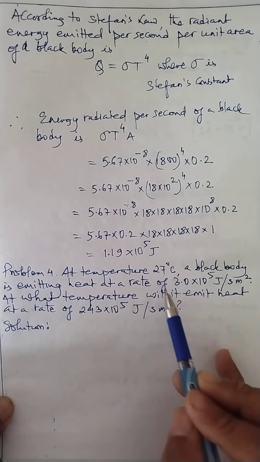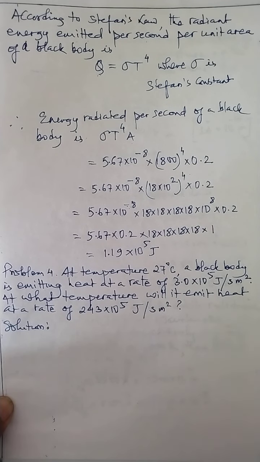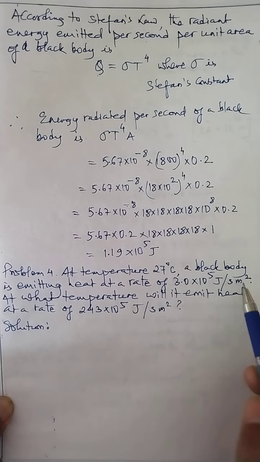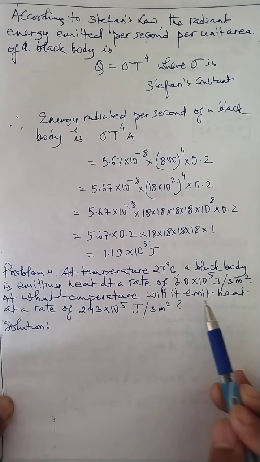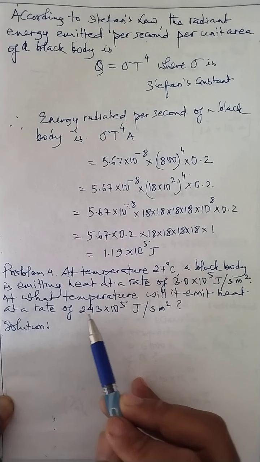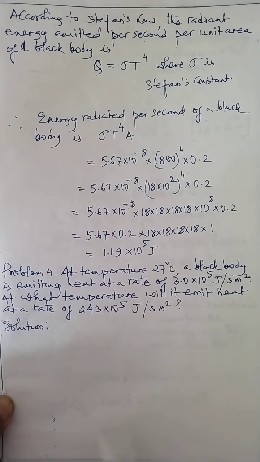This is the amount of energy radiated per unit area per second from a black body. The question says that at what temperature will the same black body emit heat at a rate of 243 into 10 to the power 5 joule per second meter square.